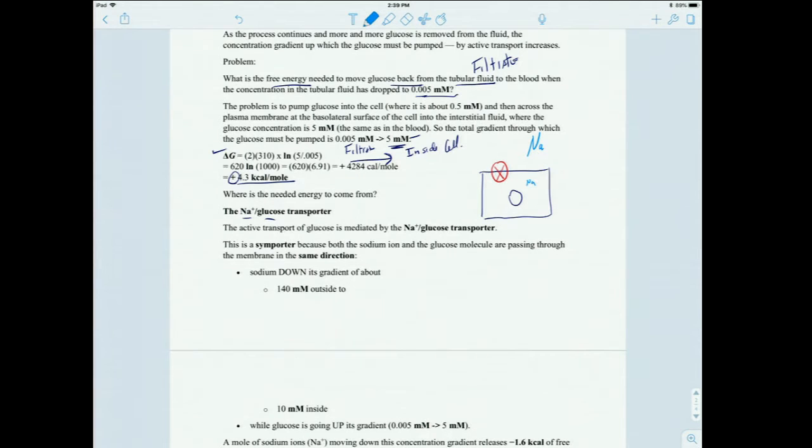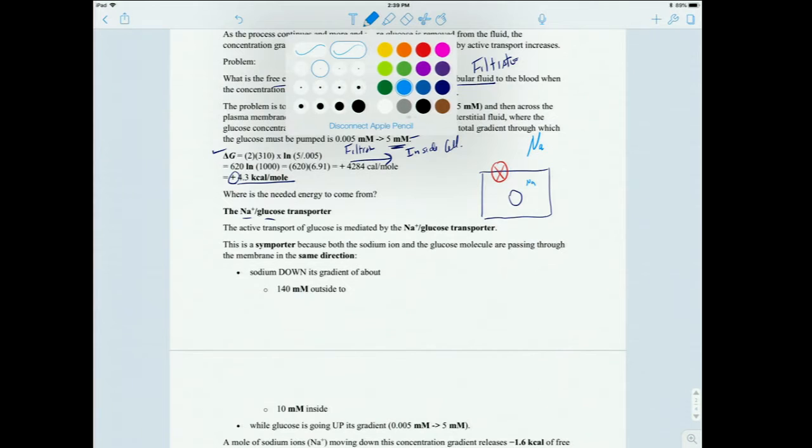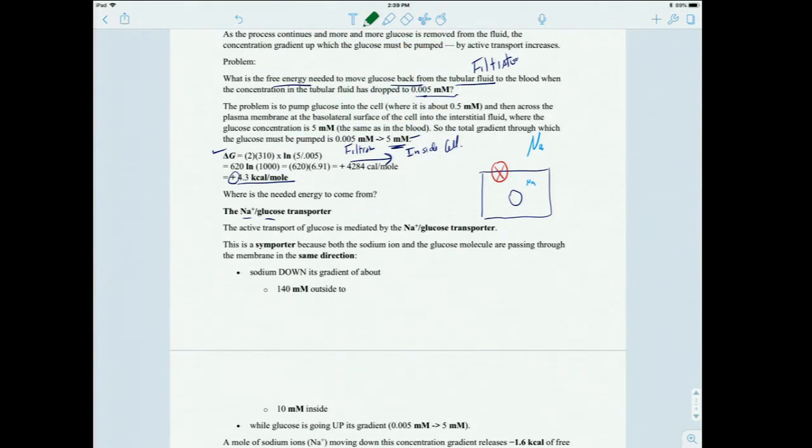Now what I'm also trying to do is move glucose from outside the cell to inside the cell. And in this situation, I am going to be moving glucose from a small concentration to a large concentration. So I've got a little bit of glucose here. Remember, that's going to be my 0.005.